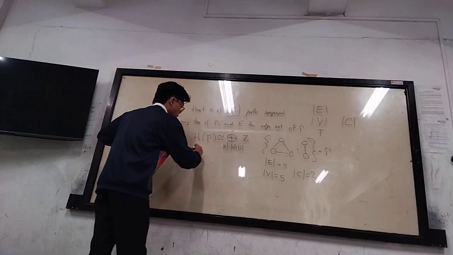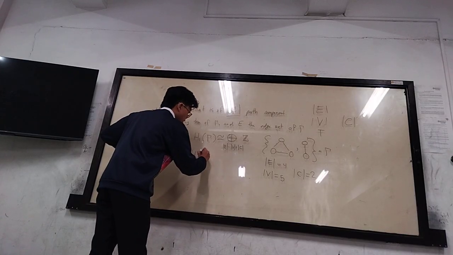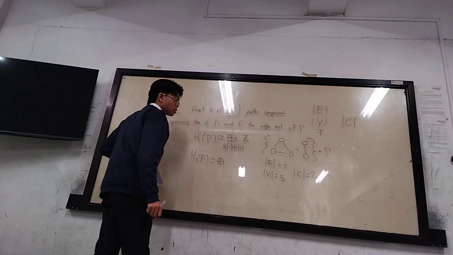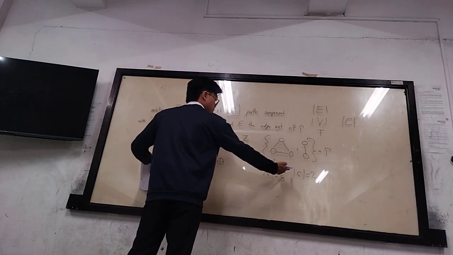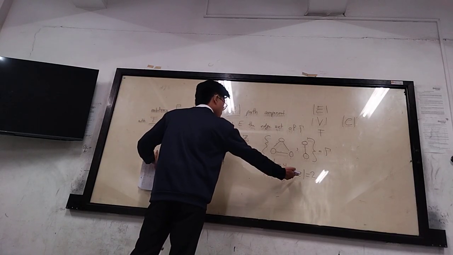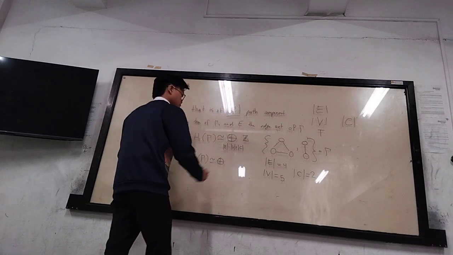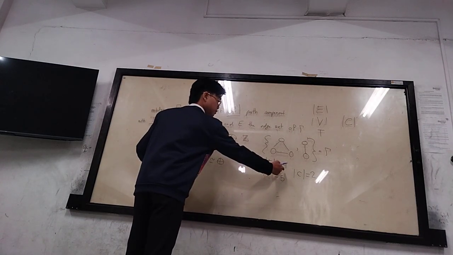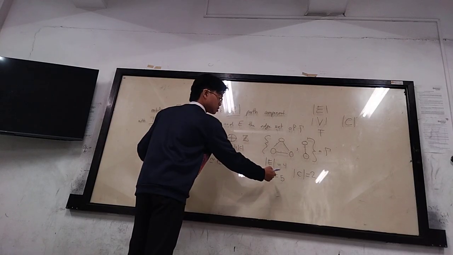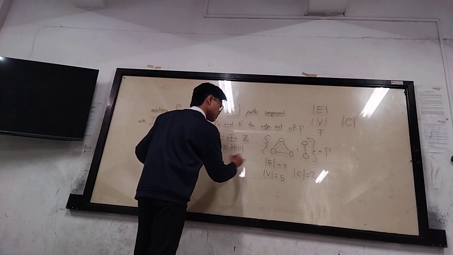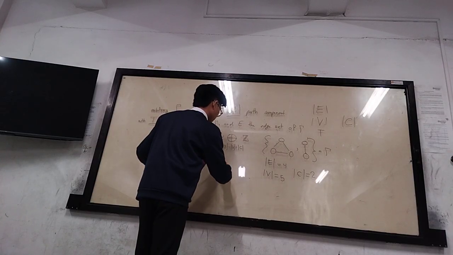So then my first homology group of my gamma is isomorphic to the direct sum over E minus 5 plus 2. So that is 4 minus 5 plus 2.